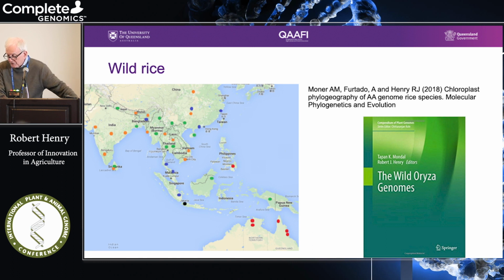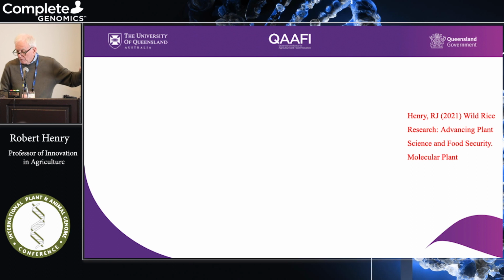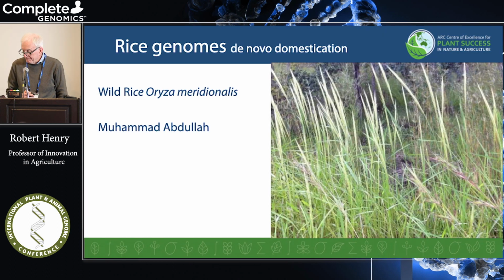The dots represent different chloroplast types that we find between northern China and northern Australia and across to India, which is the region in which rice was actually domesticated. Some great work needs to be done there because this is really the critical resource for rice food security. And we've got all the species of rice and we're beginning to better understand all of that.